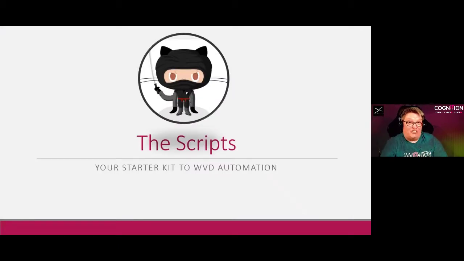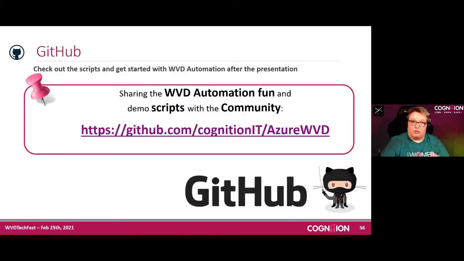So in case this kind of triggered you to also work on your Windows Virtual Desktop automation using GitHub Actions, or maybe using your own favorite DevOps tools, feel free to check out the scripts that I created and used in this demo, because I wanted to kind of build a Windows Virtual Desktop starter kit for automation. So I created my own GitHub repo called Azure WVD.